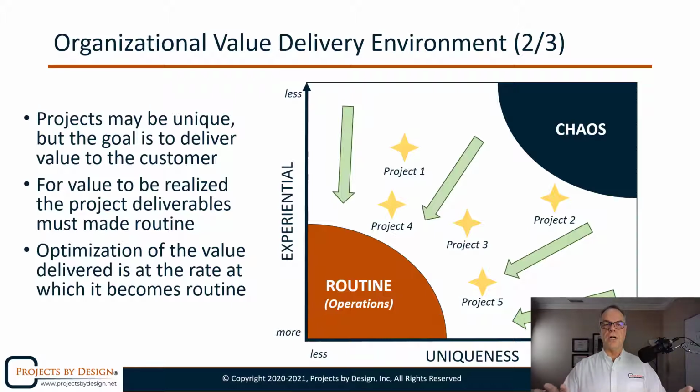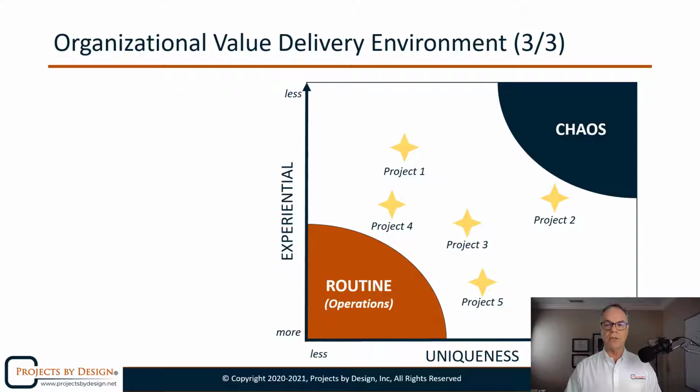So these two variables, the uniqueness and the experience and skill sets that we have as an organization, help us drive our project's deliverables towards routine. And again, it's all based upon how unique that project may be. Every project that we do has a different level of uniqueness and a different level of experience the organization has to deliver.